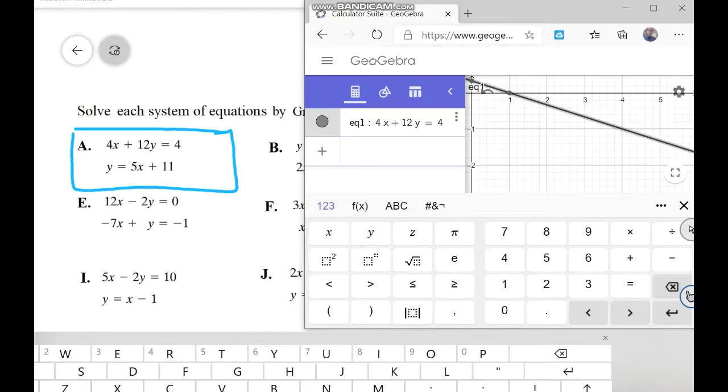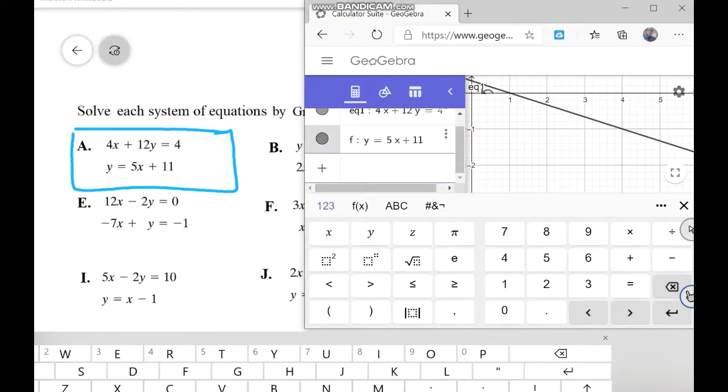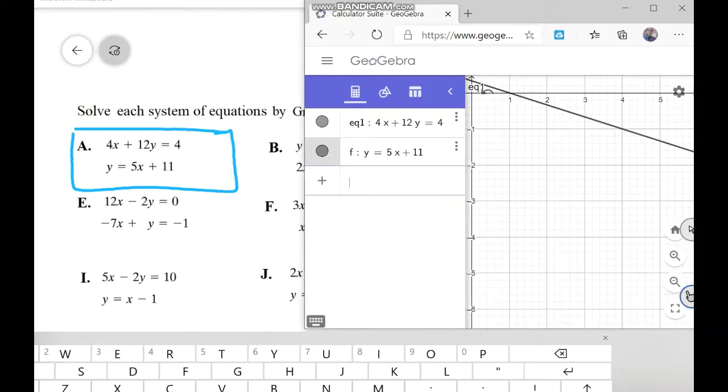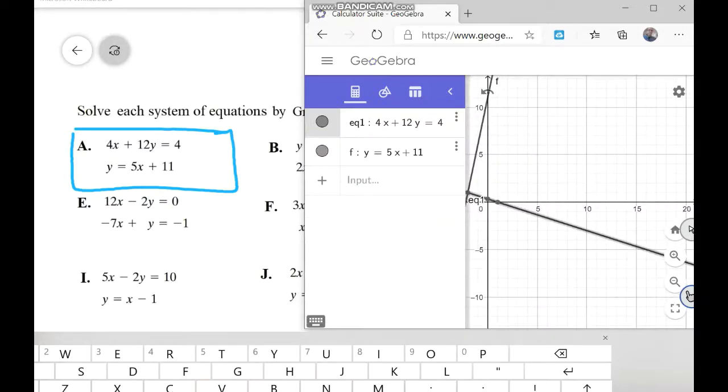And the second line, y equals 5x plus 11. Enter. Check if the equations are correct. If you typed everything right, then let's check the results.